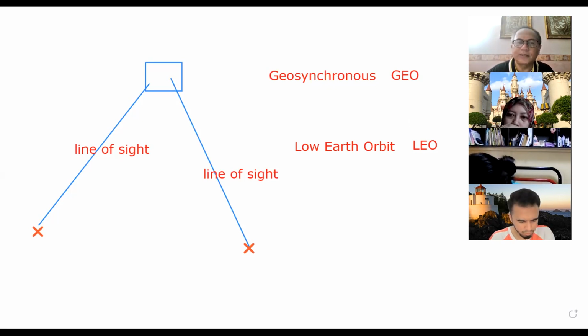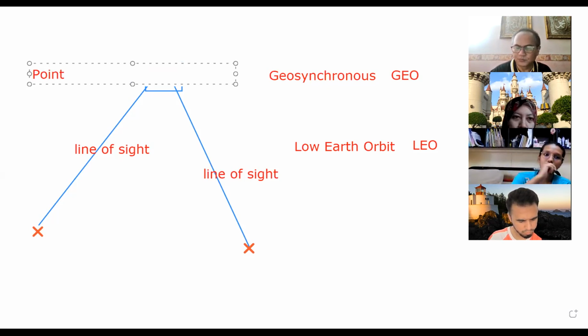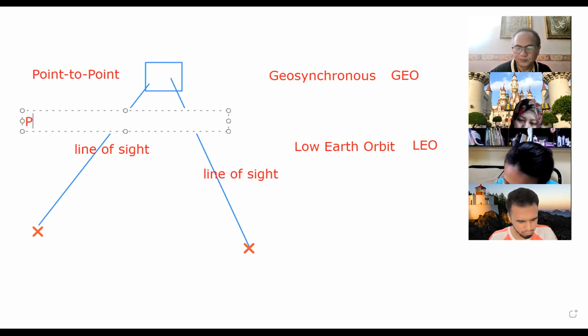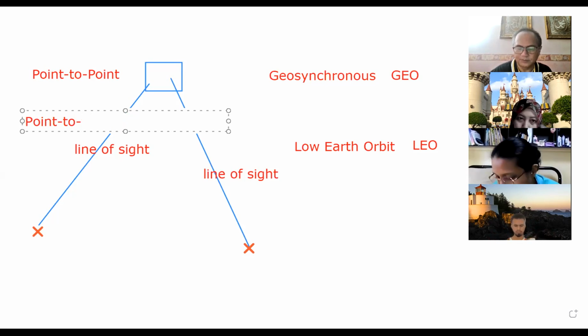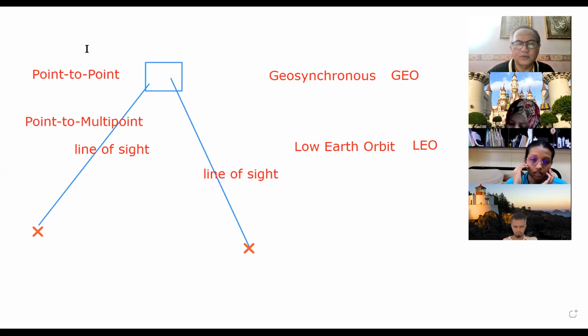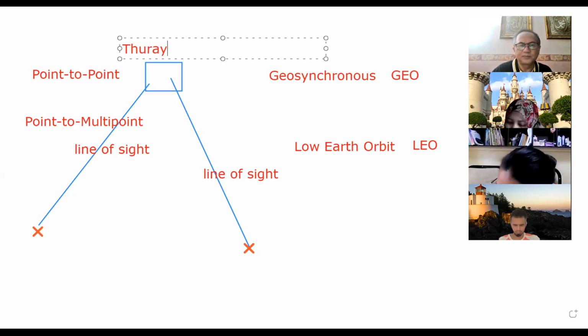There are two types of satellite. We have what we call point to point, and then we also have point to multi-point. Examples of point-to-point satellite are like Thuraya.